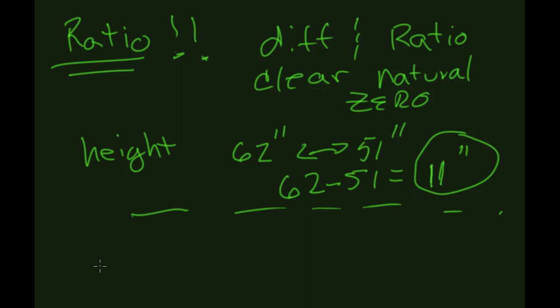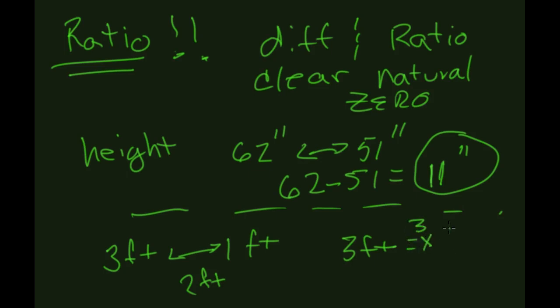If I have a box that is, let's say, 3 feet tall and another box that is 1 foot tall, it makes sense that there's a 2-foot difference between their heights. But it also makes sense to say that the 3-foot tall box is 3 times the height of the 1-foot tall box.